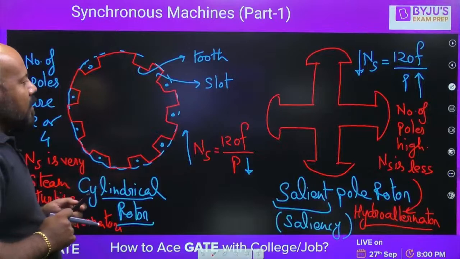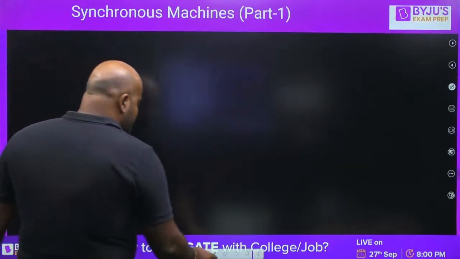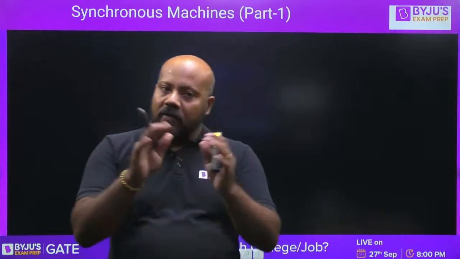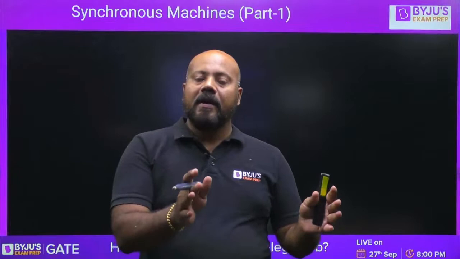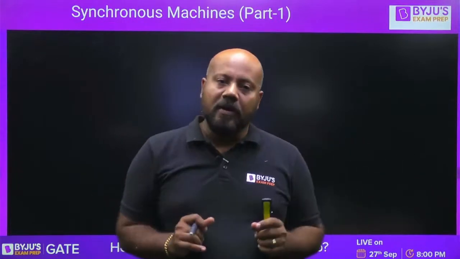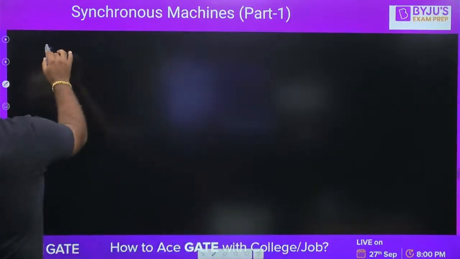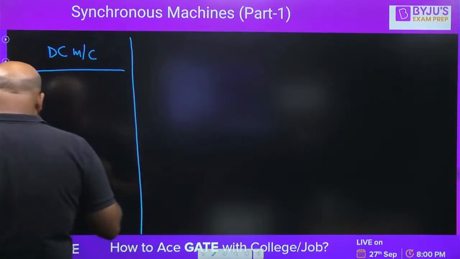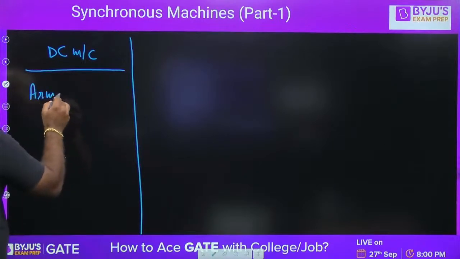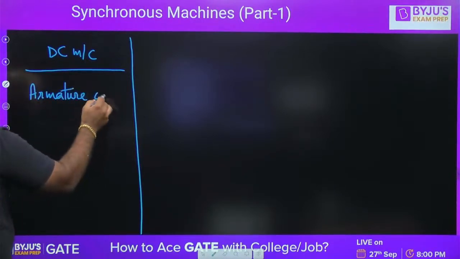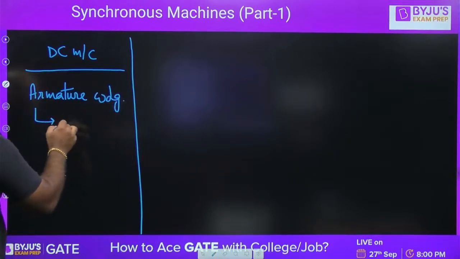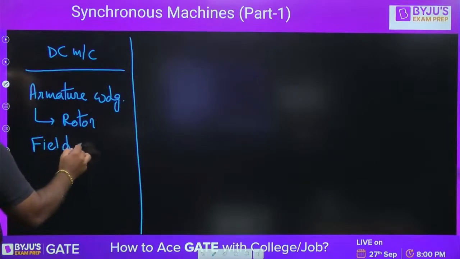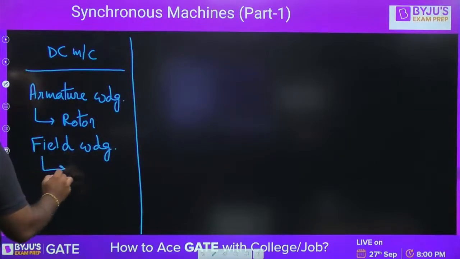Now you see, suppose you talk about DC machines. In DC machines, we have no choice. The armature winding has to be on the rotor side, and the field winding is going to be on the stator side.